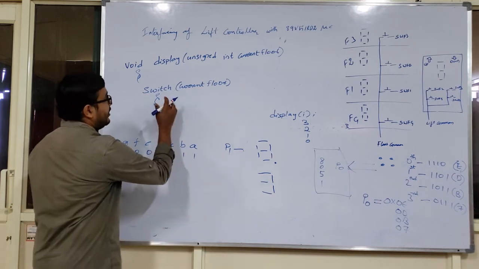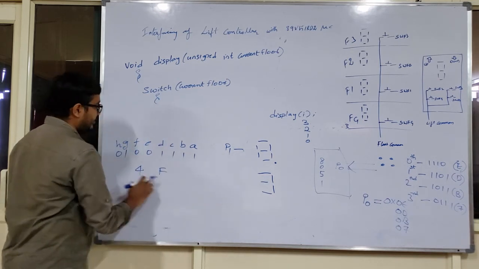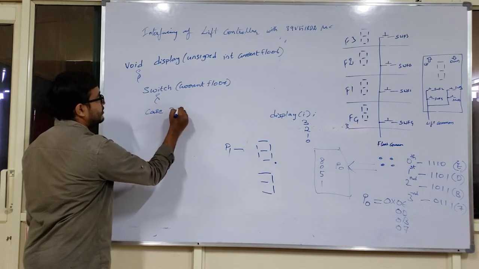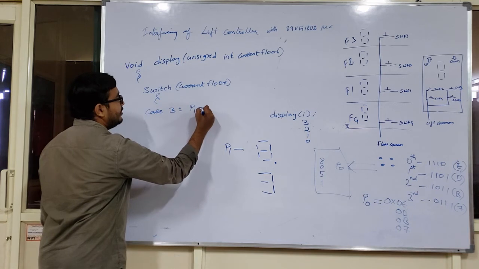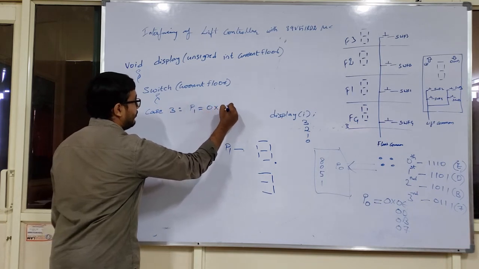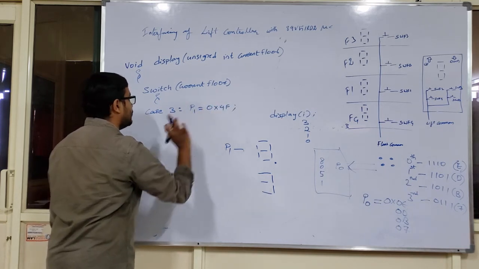When it is 4F, you remember this thing? If it is the third floor, P1 will be equal to 0x4F. P1 is the output now.